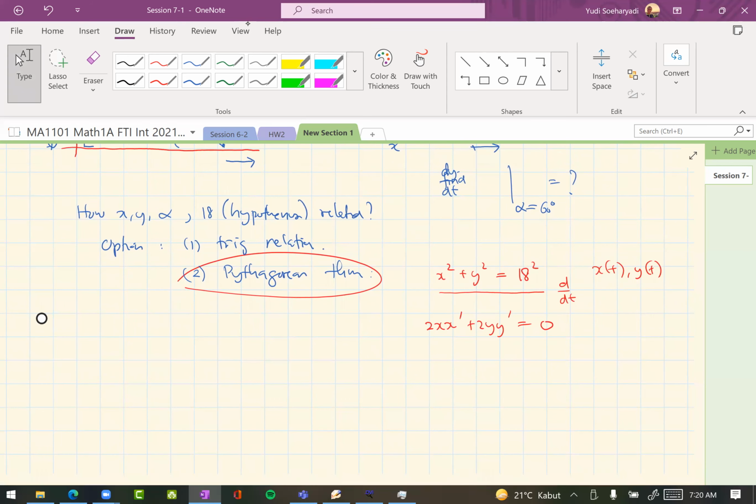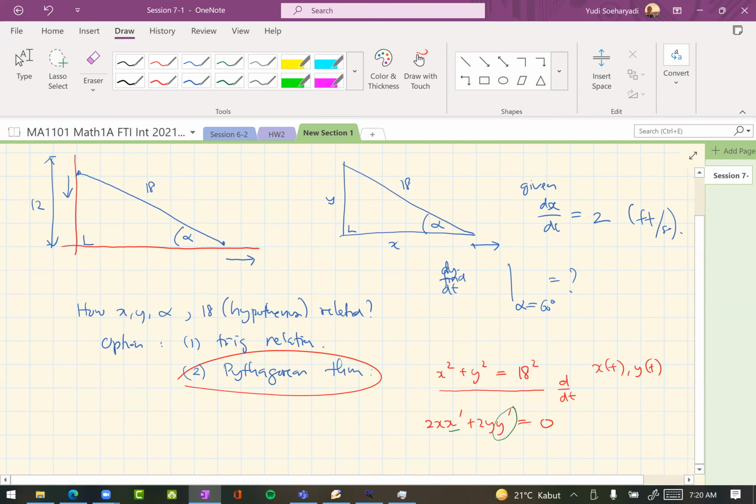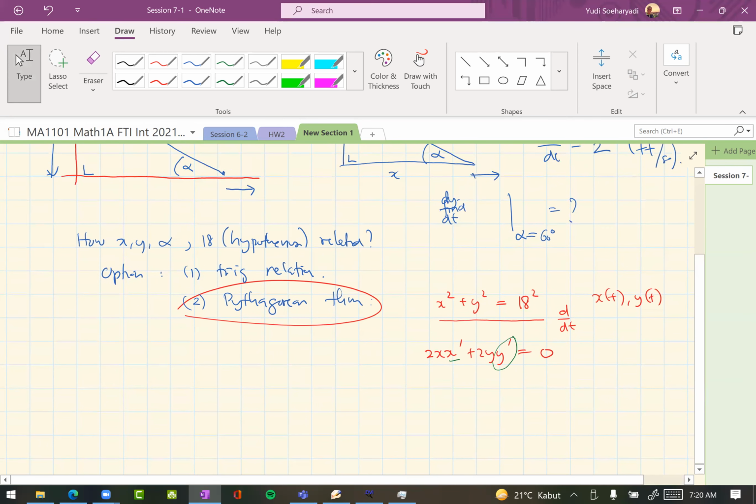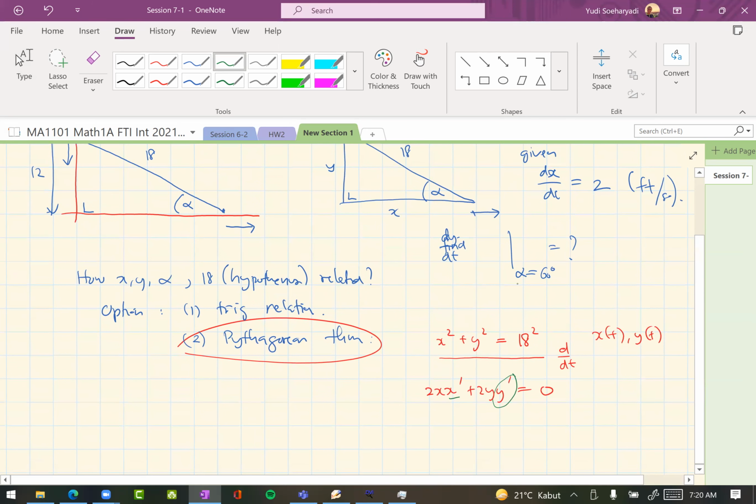Let's make observations. We need to compute dy/dt. You have to know the data. dx/dt is given, equals 2. We don't know x and y yet. You have to find them based on the information. The information that we know is this angle at a certain instant.